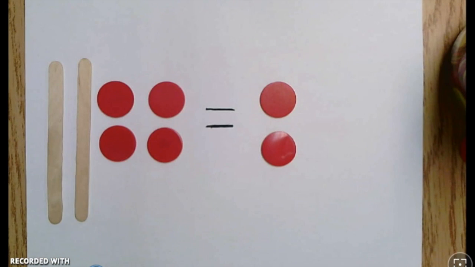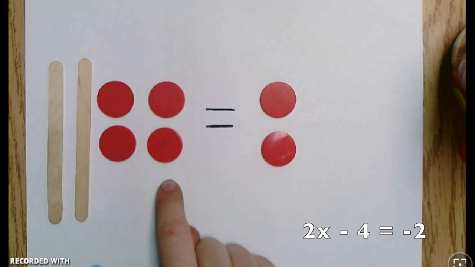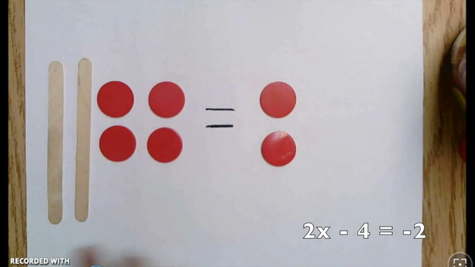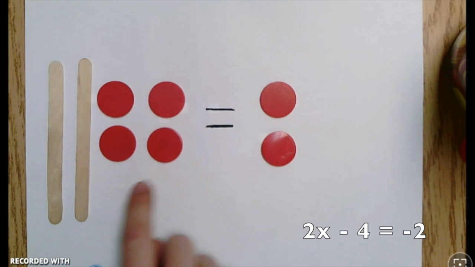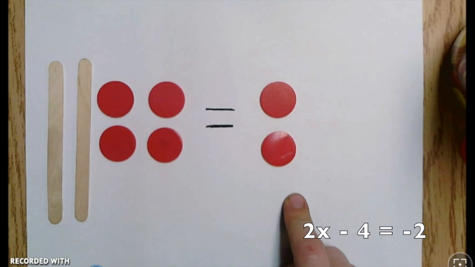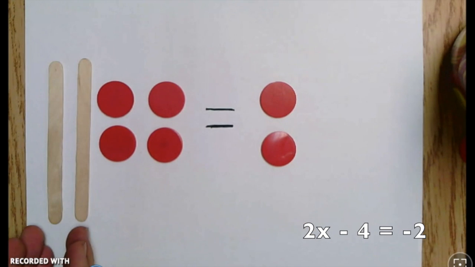All right, here's our second equation. Try to write down what you think it is. Did you write 2x -4 equals -2? If you didn't, then go ahead and correct that now. So I have 2x plus -4 equals -2. I want to get x by itself. What am I going to undo first?